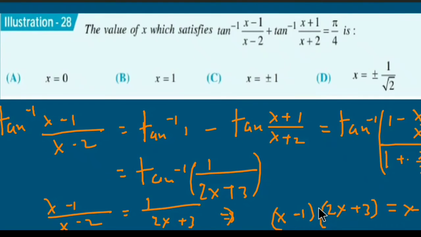So that is 2x square plus x minus 3, and here x minus 2.